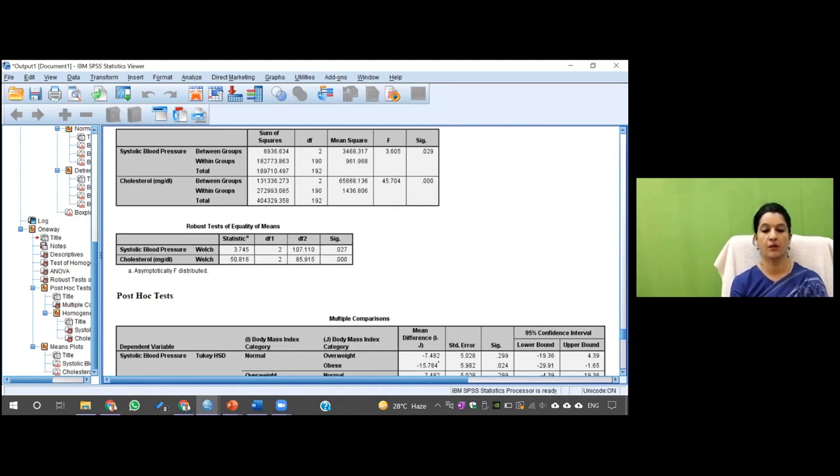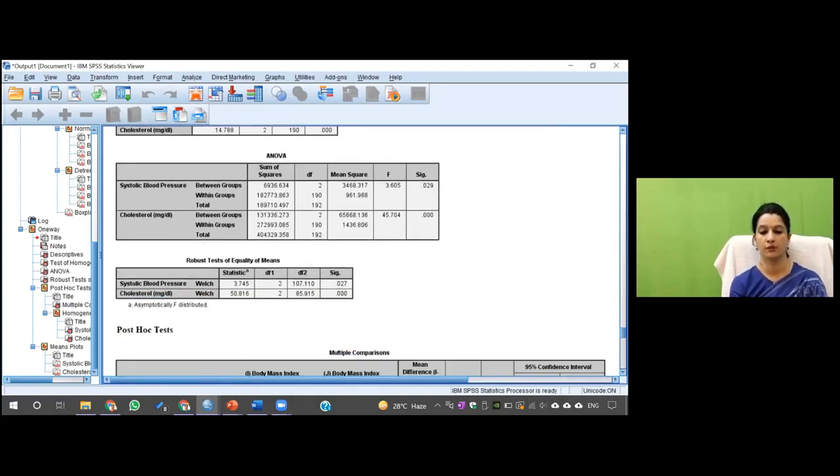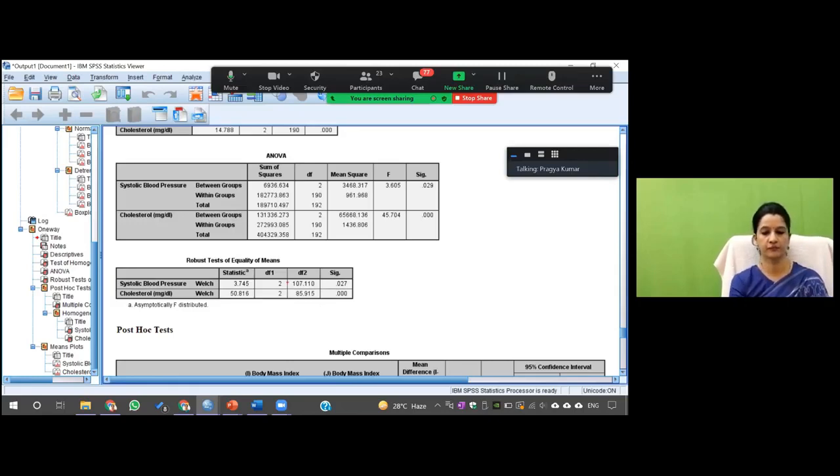So here, because we have seen that for cholesterol the equality of variance is not assumed, I'll take this value for my Welch statistics, the lower one for the cholesterol. Why? I'll take this degree of freedom and this statistic to report my result because the equality of variance was not assumed. And if the equality of variance was not assumed, I have to take the value of Welch ANOVA.